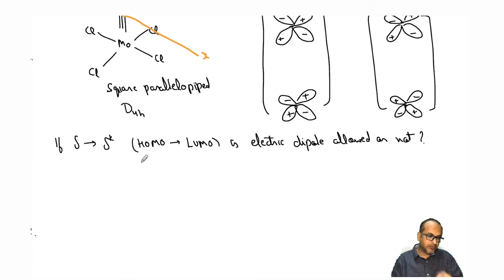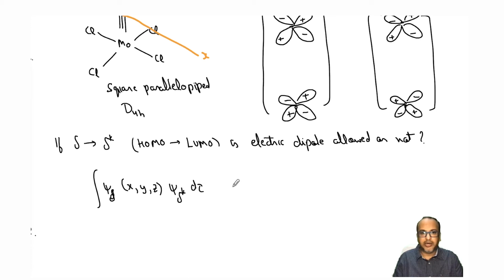So what we need to do is set up an integration where we need to see whether the integral of psi delta, x, y, z, psi delta star d tau is equal to 0 or not equal to 0, right?